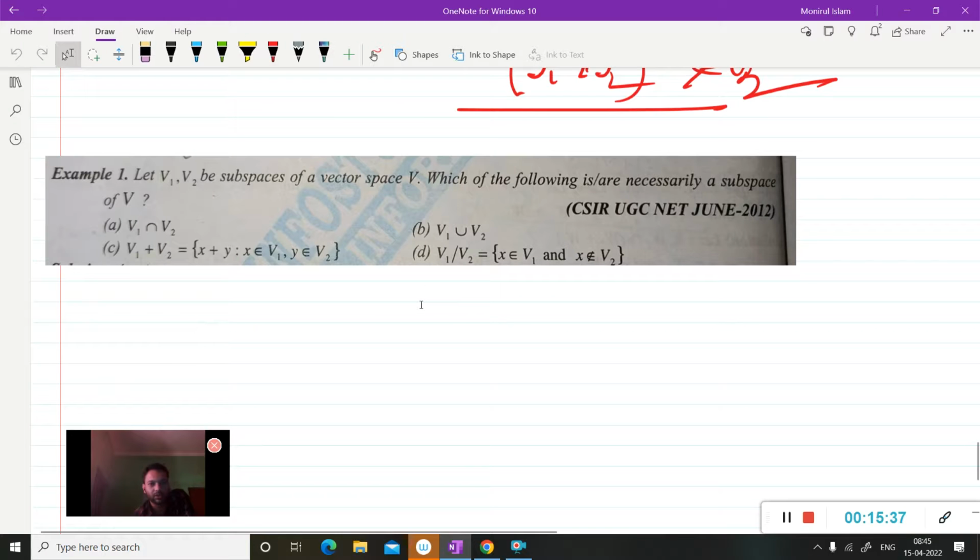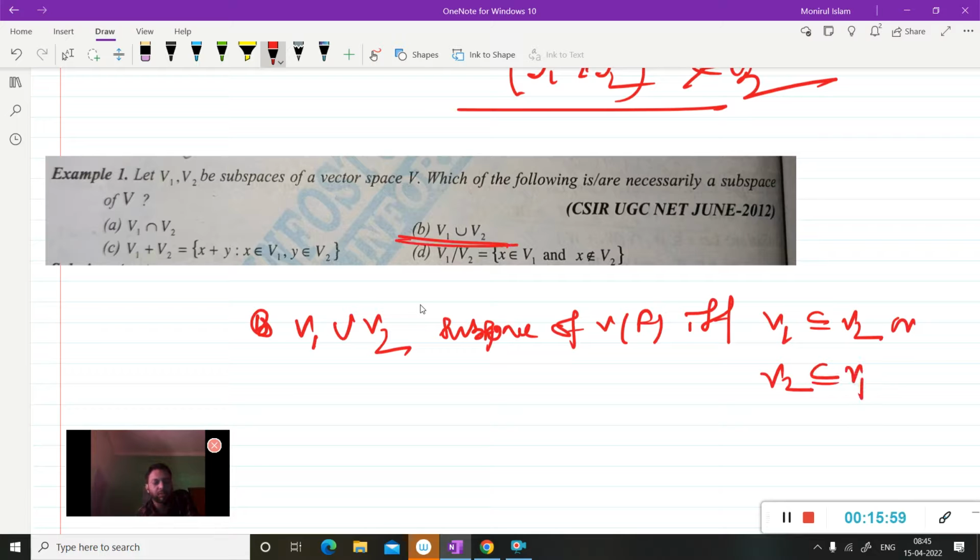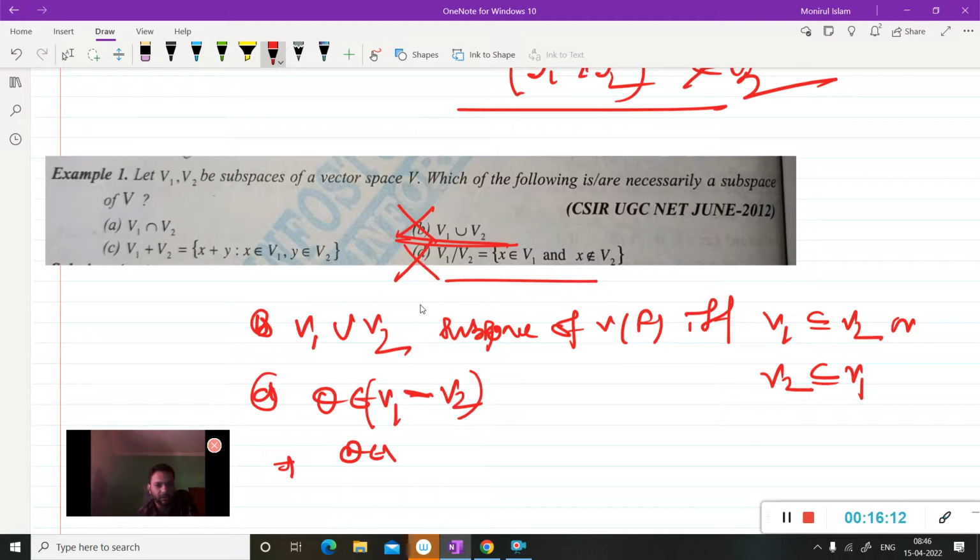See, it's clear that in this question it is not correct, because we all know the union of two subspaces V1 and V2 of a vector space V over F will be a subspace only if either V1 contains V2 or V2 contains V1, but that's not given. Also, it is not a subspace because the zero vector does not exist in the set. The zero vector theta cannot belong to this set, because if theta belongs to this set, it would imply theta belongs to V1 but theta does not belong to V2.